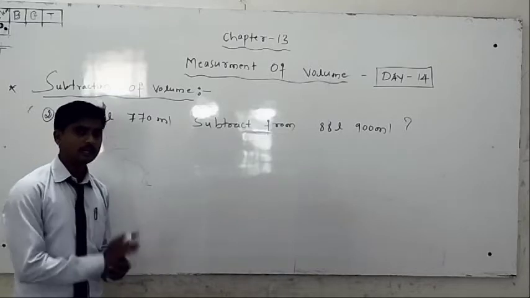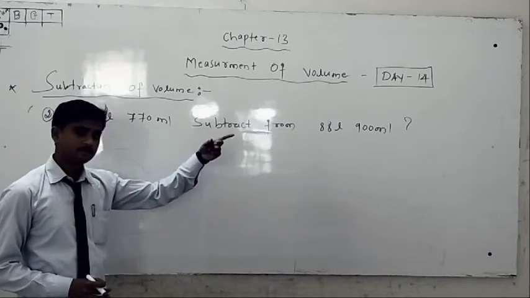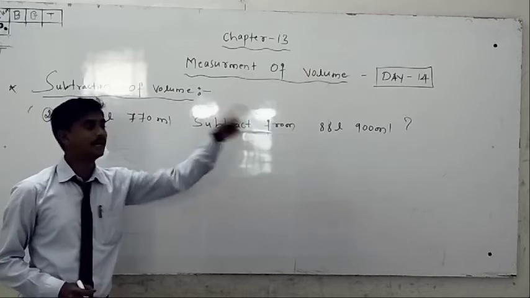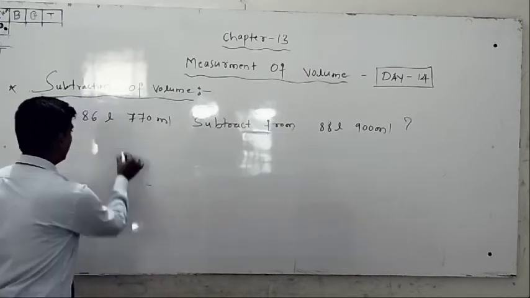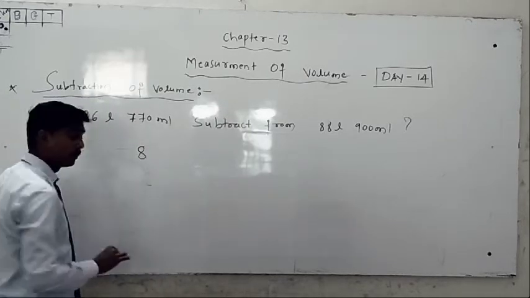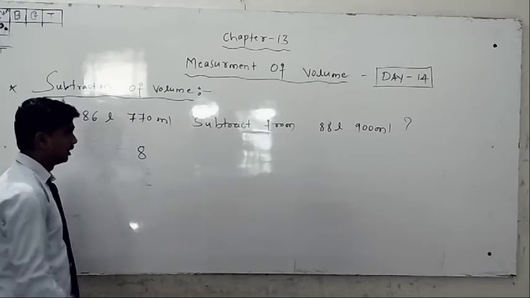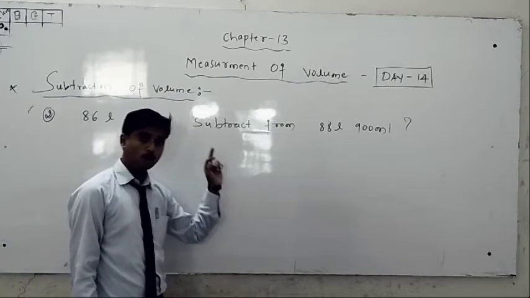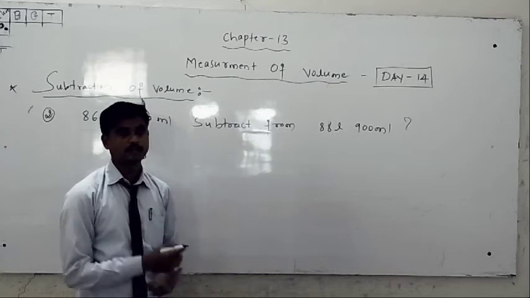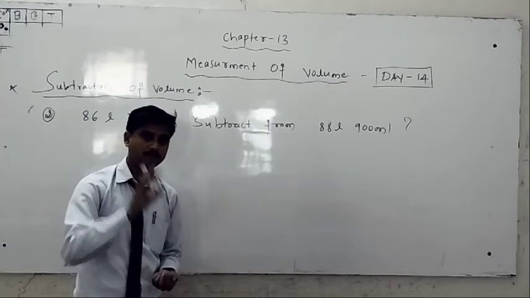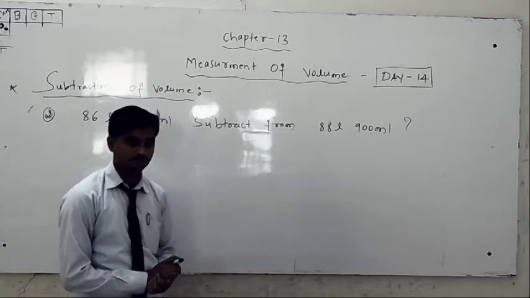Then this number you have to subtract from that number. Understand? First of all, write the numbers properly, because here it is given 88, and if you wrote 89, your answer would be wrong.